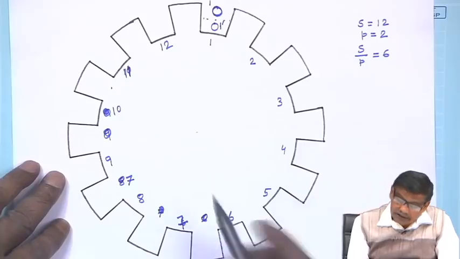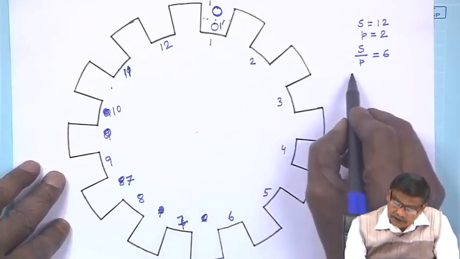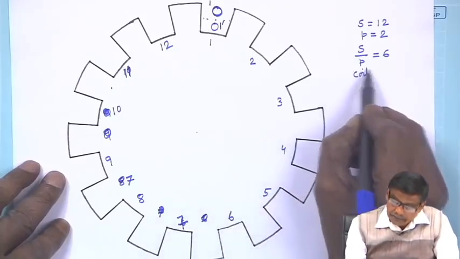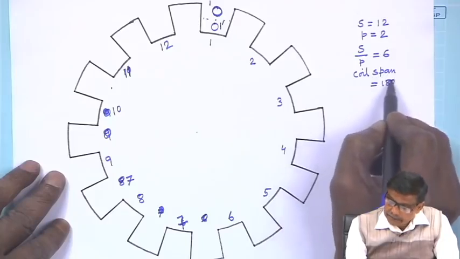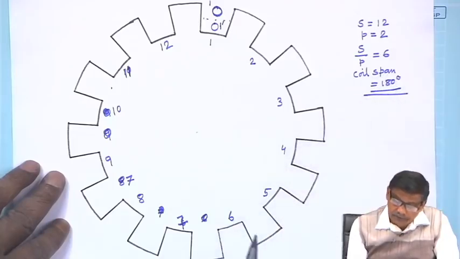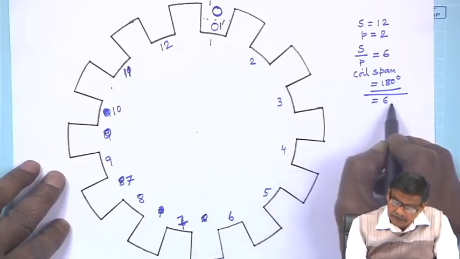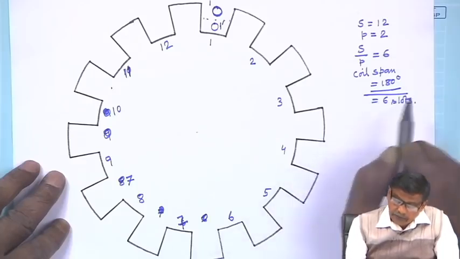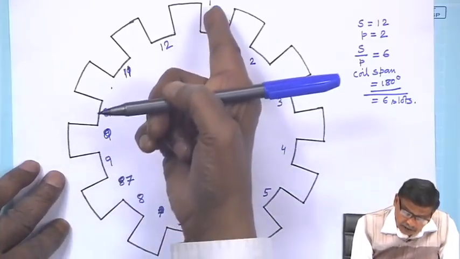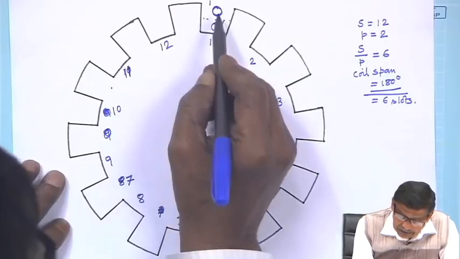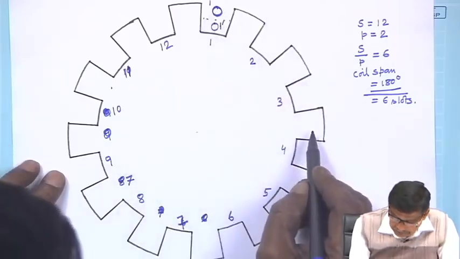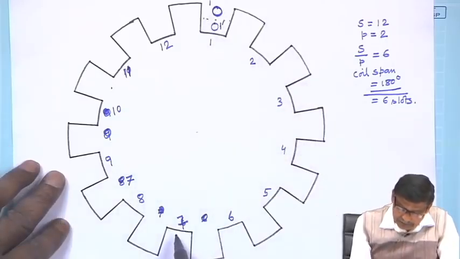Now, in my last class I told you the coil span is equal to 180 degrees, always true, which means 6 slots. Therefore, if I have started with coil side 1, it will start here and its return will be in the 7th slot, and that return I will make from the lower deck.